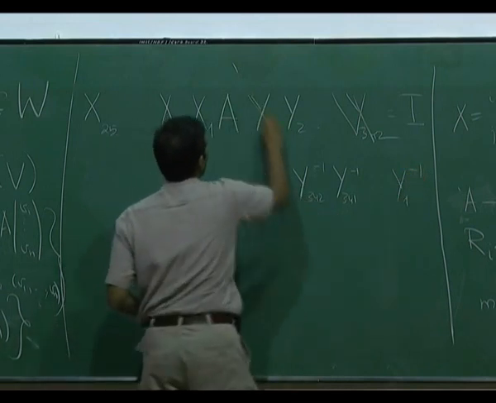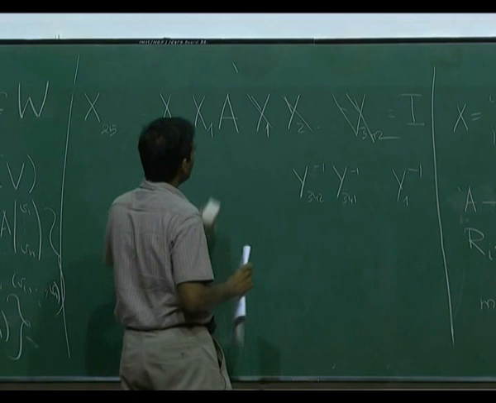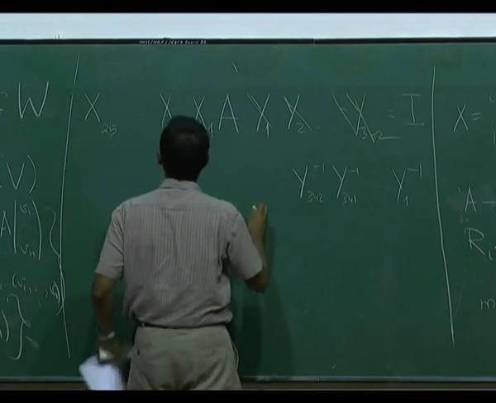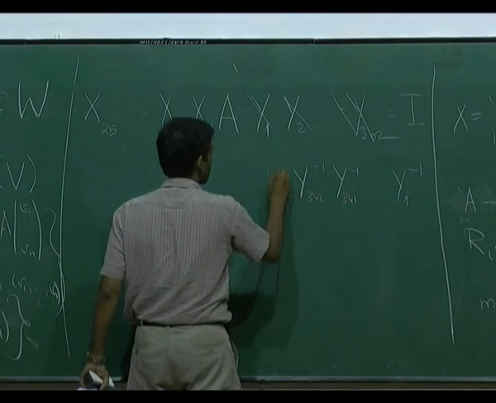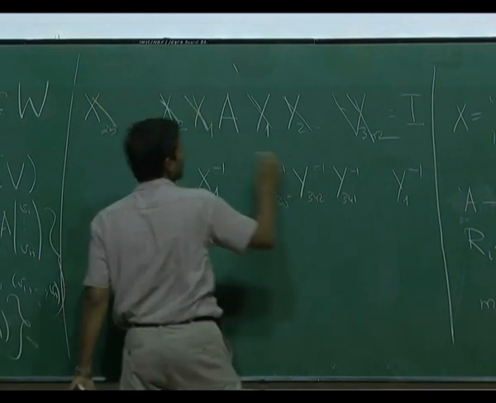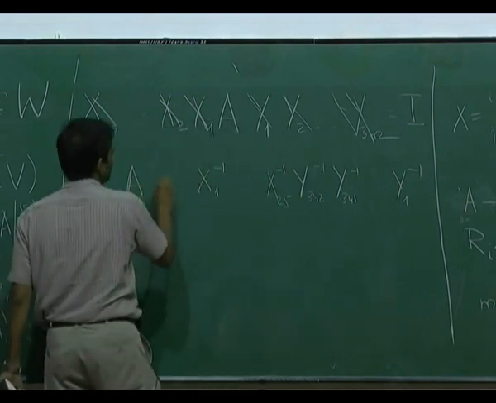And then I strike out all these, and then here I multiply on the left by x25 inverse up to x1 inverse, and I strike out all these. So what I get is A is equal to this.